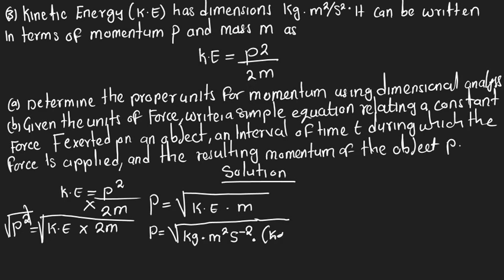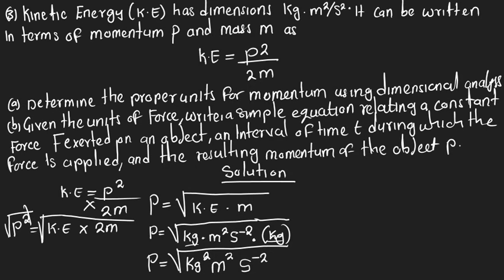It is kg. So if you multiply what is inside, you're going to get kg to the power 2, because this kg and that kg will multiply, then m to the power 2, then s to the power negative 2.